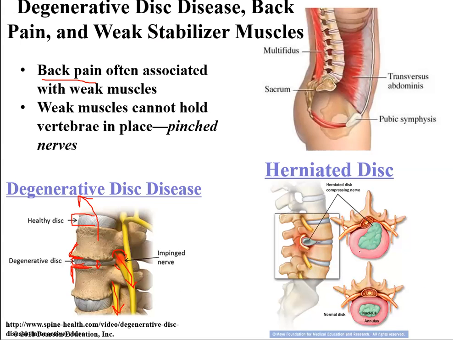Similarly, the intervertebral discs, when they are under a lot of wear and tear, have the ability to become herniated. So normally the nucleus pulposus, the liquid, is held within the intervertebral disc, and this gives it part of that sponginess.